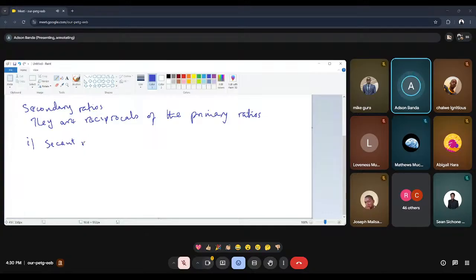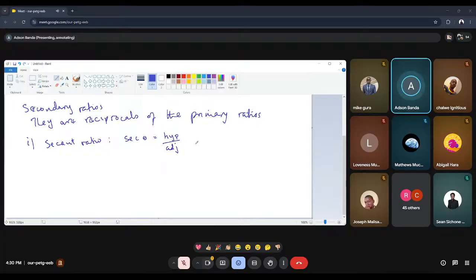This ratio is given as sec theta is equal to hypotenuse divided by adjacent. So the secante is the hypotenuse divided by adjacent.